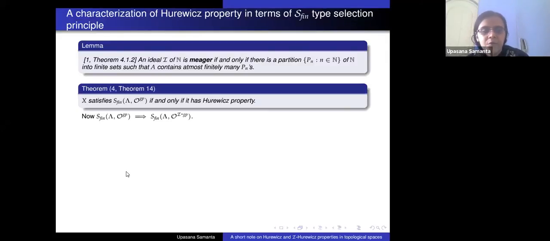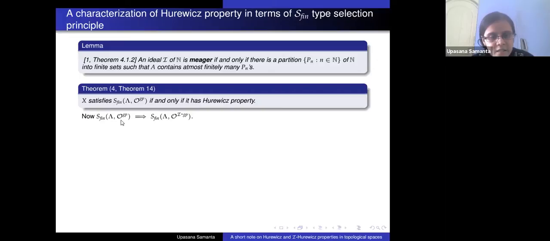Now, in a paper, Bukovsky and his co-authors established that if a space X satisfies this selection principle, then it is sufficient that the space is Hurewicz, and also conversely.